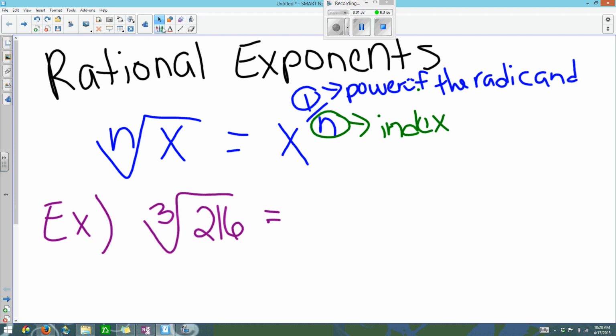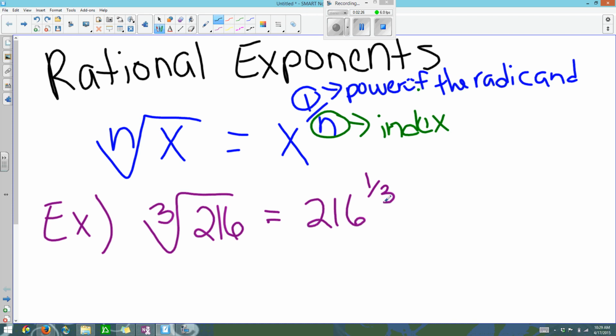All right, so did everyone get 216 raised to the 1/3 power? Did anybody not get that? All right. So yes, even though our first instinct is to simplify, for right now I just wanted you to get the chance to rewrite it.